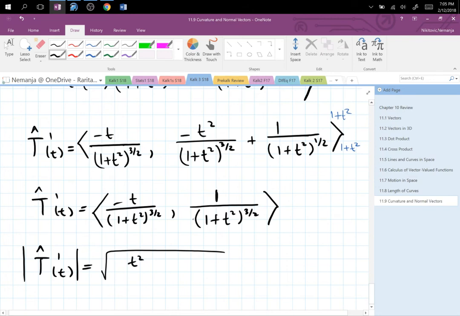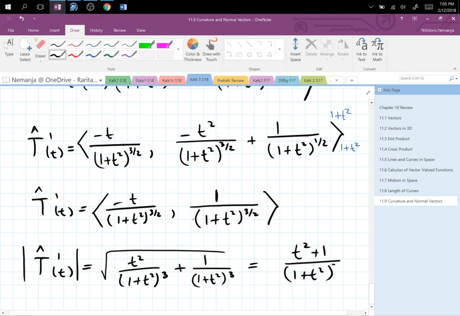So we're getting t squared divided by 1 plus t squared cubed, right? The squared killed the half. Plus 1 squared is 1 divided by 1 plus t squared cubed. And the total over here is t squared plus 1 divided by 1 plus t squared cubed, and the square root of everything.